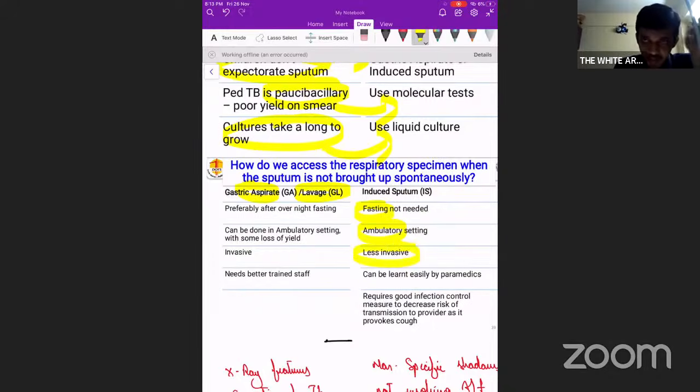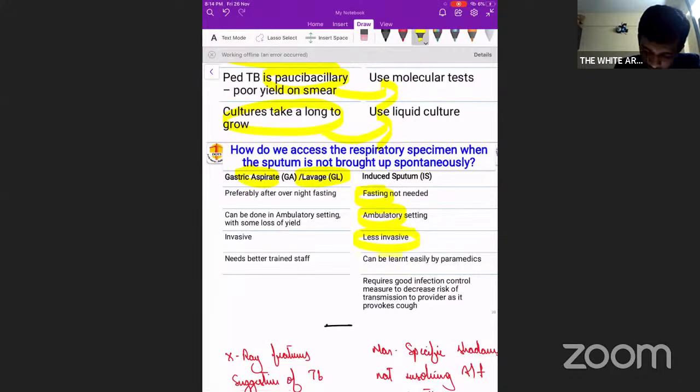It is less invasive as compared to aspirate or lavage, because we don't have to pass an NGT. Okay, and it can be easily learned by paramedics, because no nursing staff or a doctor is required, as there is no question of us putting an NGT. Okay, but the only problem is in induced sputum, the person will be coughing out, so we'll need to have good personal protective measures. Okay, fine.